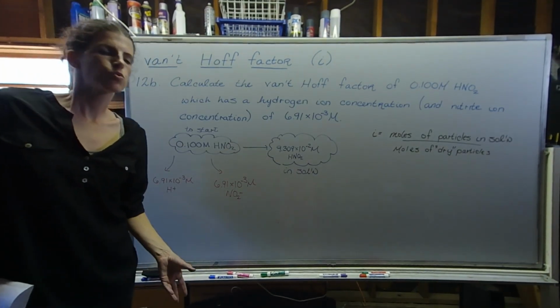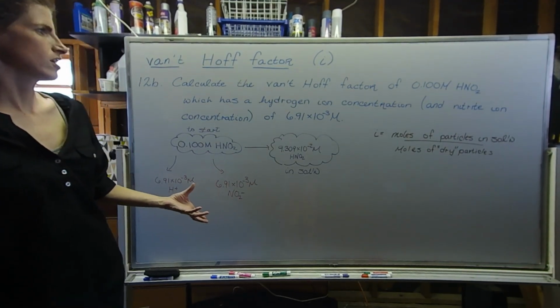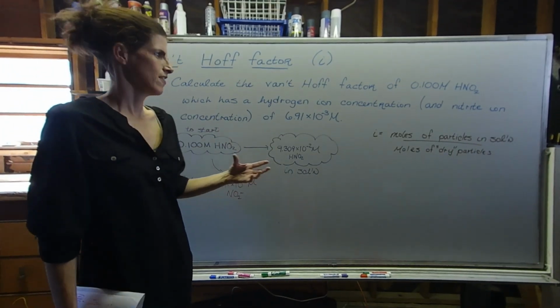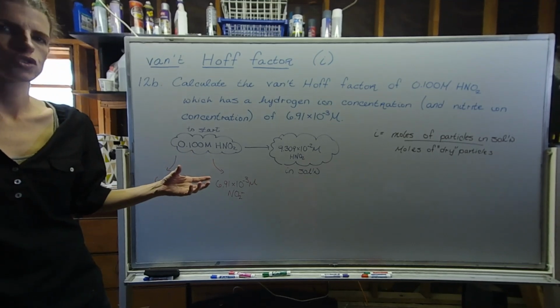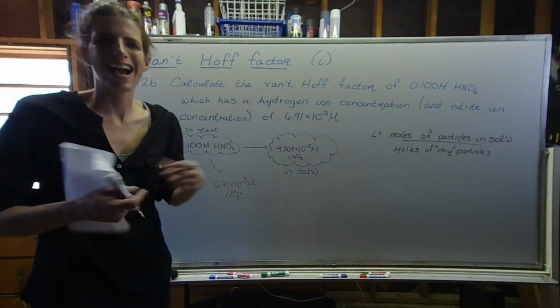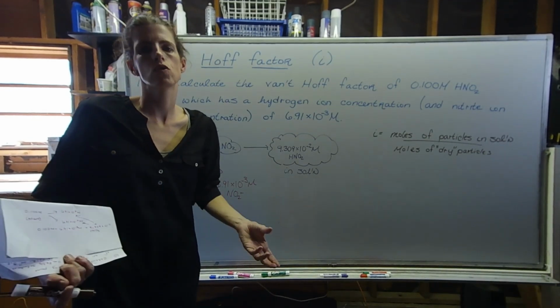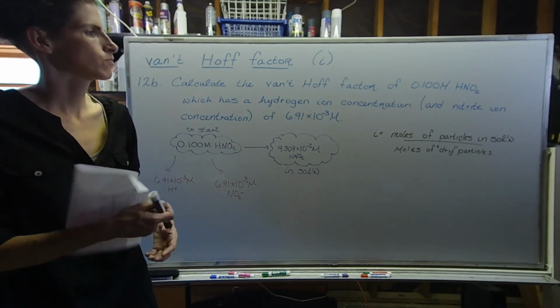So for problem 12b, they give us quite a different set of information. It's almost concerning, right? They give us molarity, and then they start talking about the hydrogen ion concentration and nitrite ion concentration when the weak acid dissociates. And it's like, what are we going to do with that? How are we going to use that information to calculate the Van't Hoff factor?